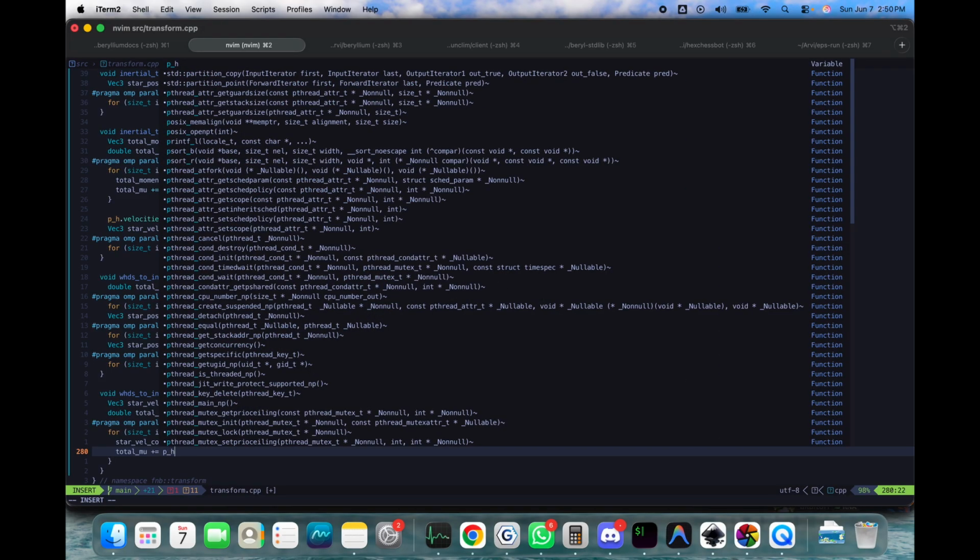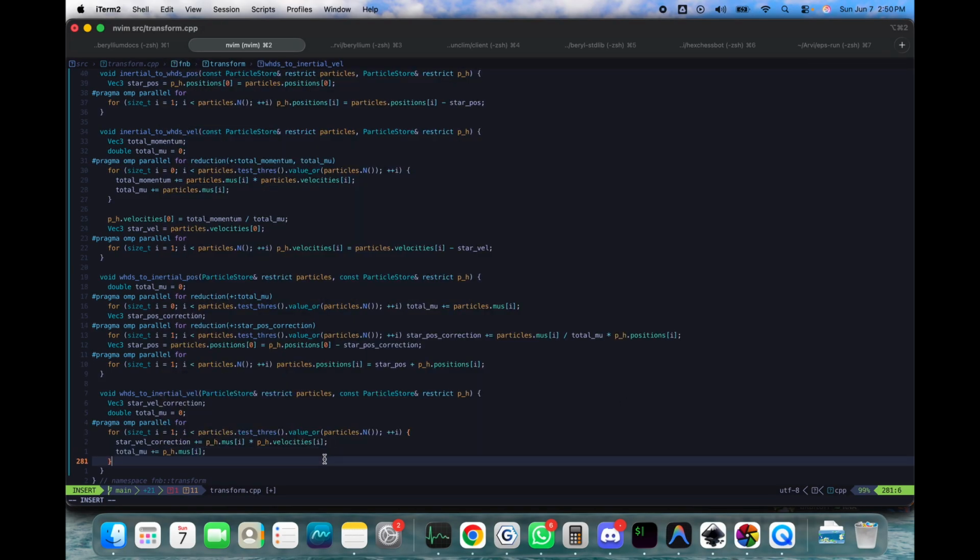This is routine for now, and I have to set a reduction: star vel correction and total mu.